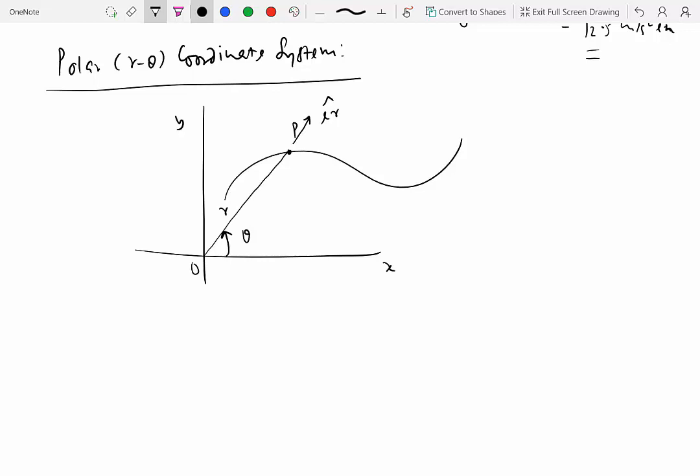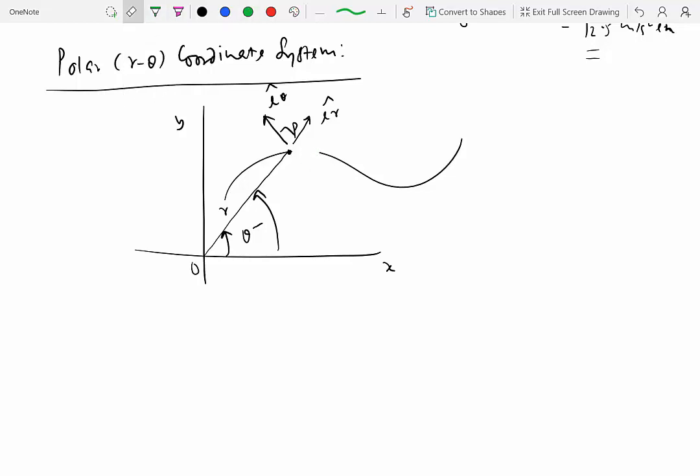And e theta hat is another unit vector perpendicular to er hat, pointing in the direction that theta is increasing. So that's why e theta hat points that way. Don't make the mistake of making e theta point the other way, because in that direction theta is actually decreasing. Please don't do that. I'm going to just erase this.